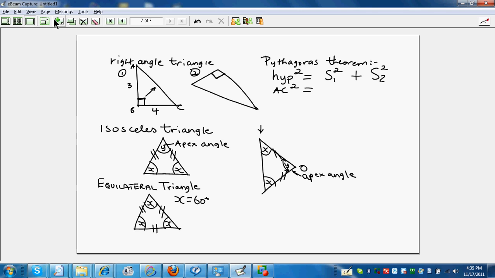Side 1 could be either AB or BC. Let's say side 1 was AB, so that will be 3 squared plus side 2 squared, which in this case would be BC squared. That would be 4 squared. Right? The 3 squared was AB squared, and the 4 squared was BC squared.